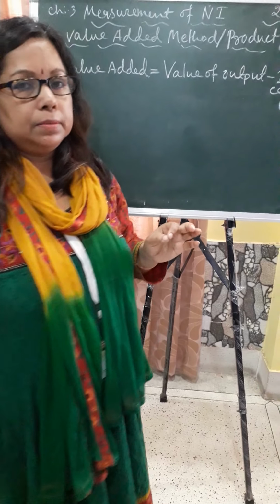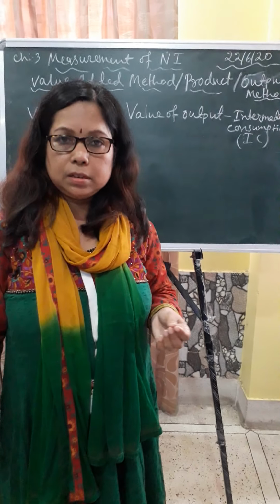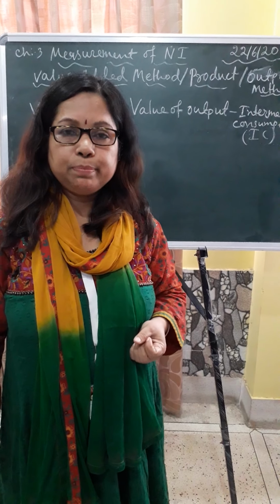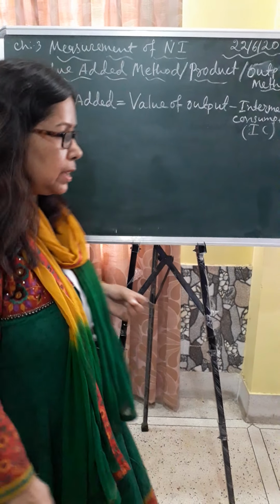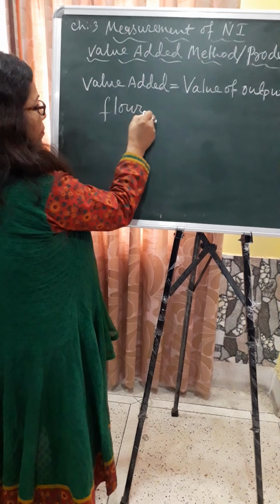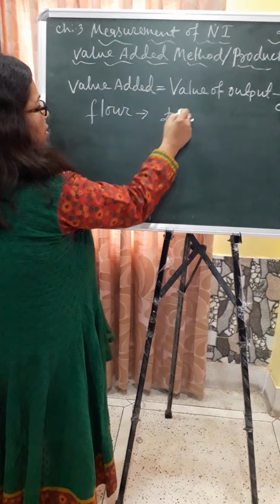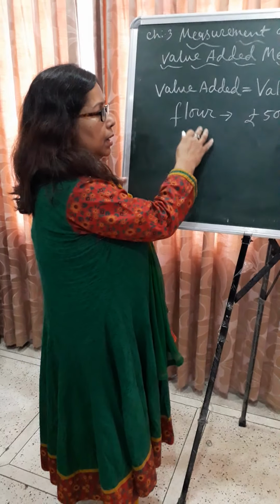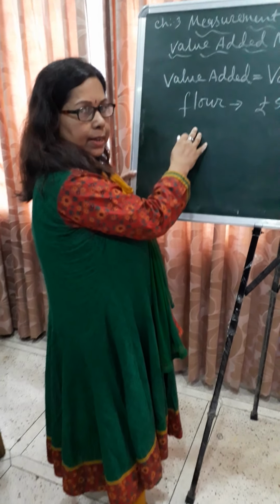A baker wants to produce bread, so the baker purchases flour from the miller. Assume the price of the flour is rupees 500, and with the help of the flour the baker makes bread.